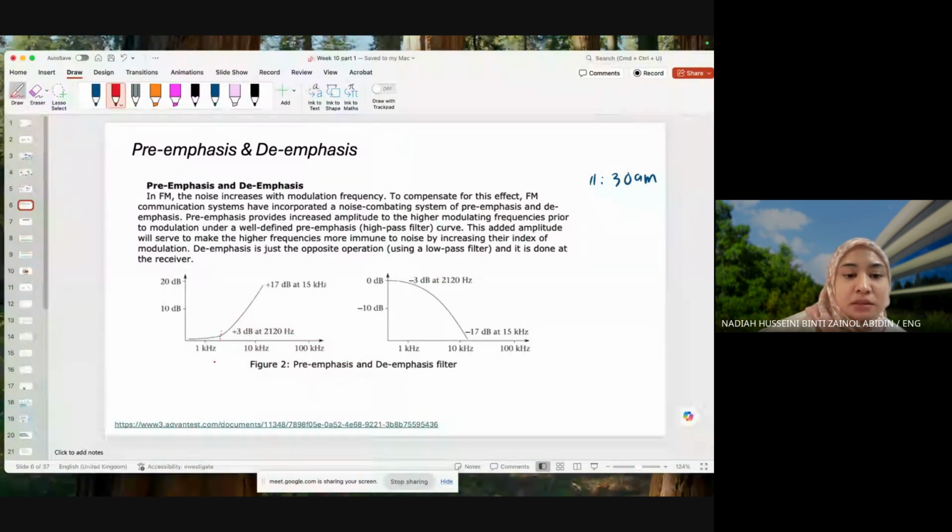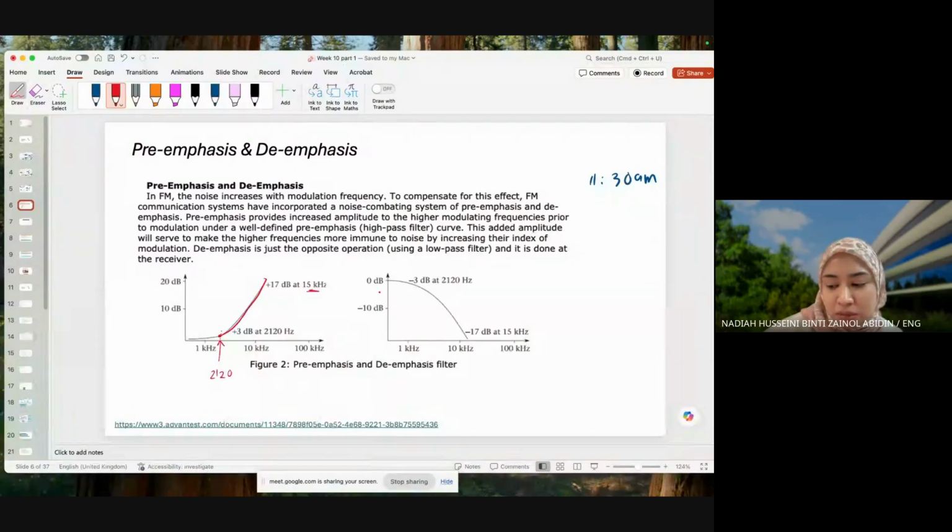It says here plus 3 dB at 2120. So it's saying that the filter starts to amplify at 2120 hertz or 2.12 kilohertz, and then it takes off up to plus 17 dB at 15 kilohertz.